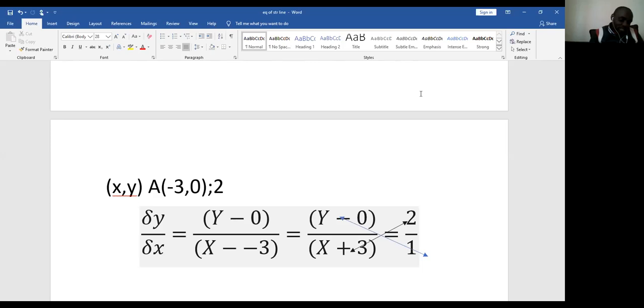Yes, we have done that. We have covered that. And then from there, it's very simple. So from there, we are left with two parts: parallel and perpendicular lines.